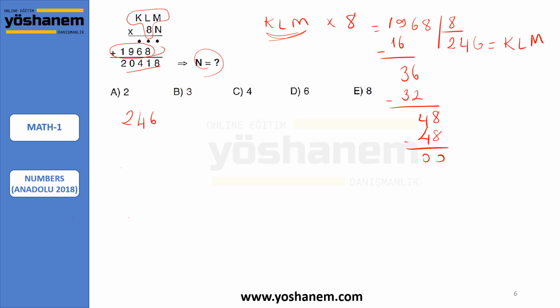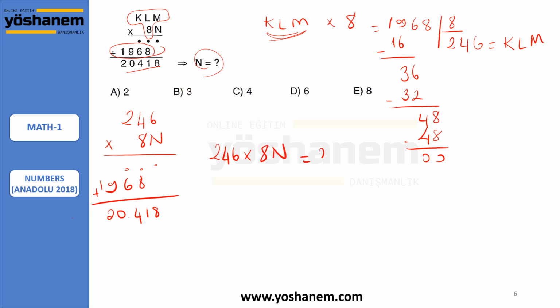Now our question is 246 multiplying by A10, and this is this. The answer is 20,418. So can I write it as this form? Yes, I can write. So from here, this is also this.